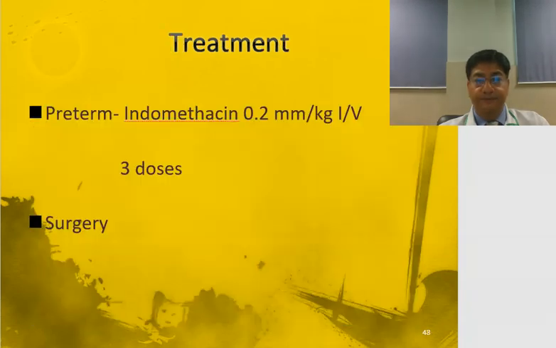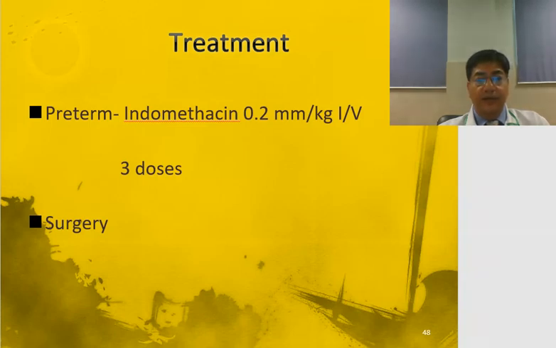In a preterm baby, if it is symptomatic, meaning there are repeated episodes of apnea or repeated chest infections, then you give medication. The traditional and classical medication is indomethacin at a dose of 0.2 milligram per kg IV in 3 doses.